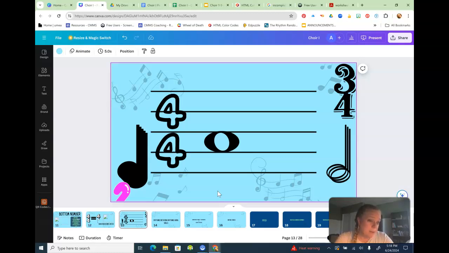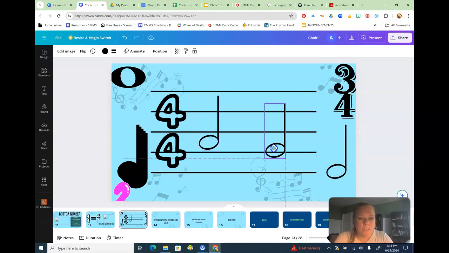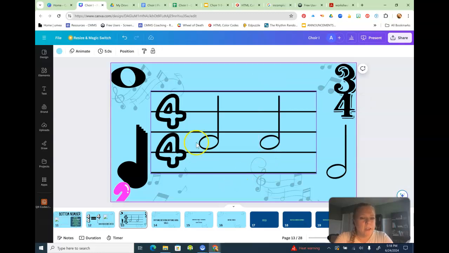In this example with a whole note in this particular measure, there's no more space because the first, second, and third beats are filled with just this one note. If I remove this, I can put in a half note starting on beat 1 and a half note starting on beat 3.